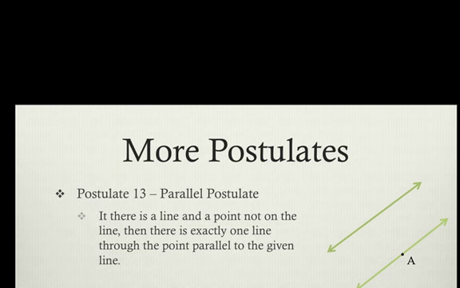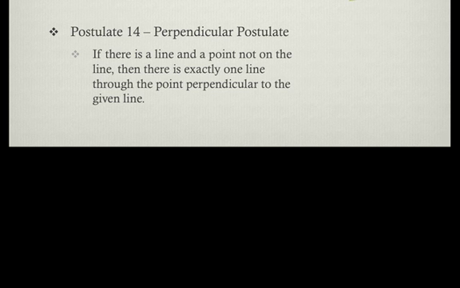So now let's take a look at postulate 14, the perpendicular postulate. This is similar to the parallel postulate in that we're still dealing with a line and a point. What the perpendicular postulate says is that if there is a line and a point not on the line, then there's exactly one line through the point that will be perpendicular to that given line. So again, very similar in wording to the parallel postulate.